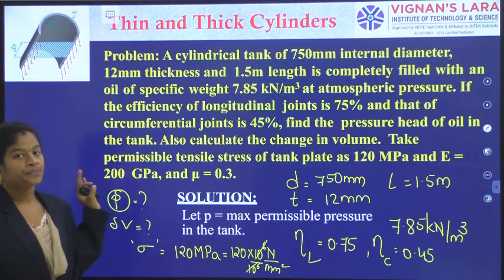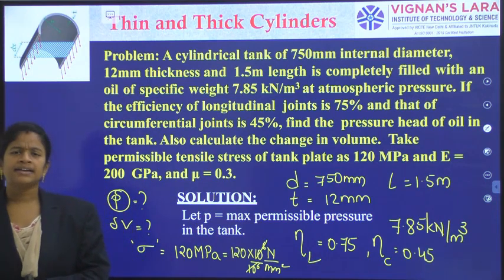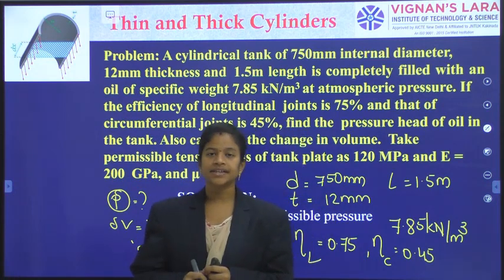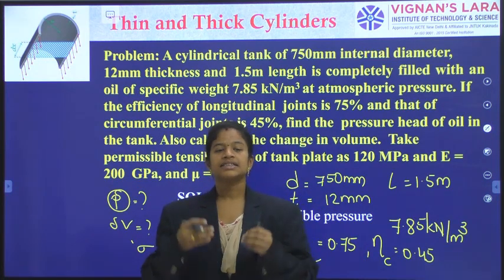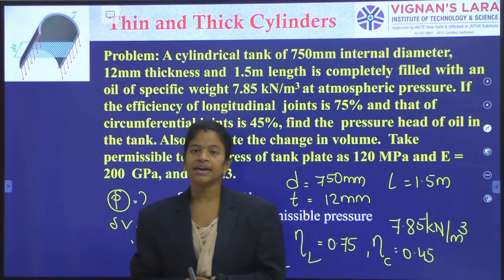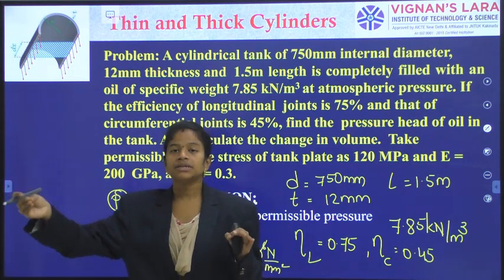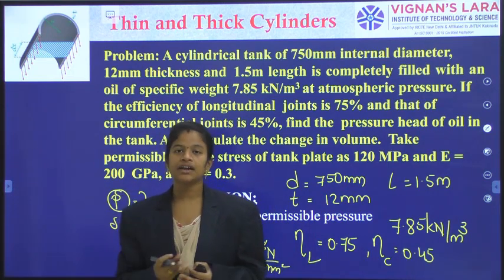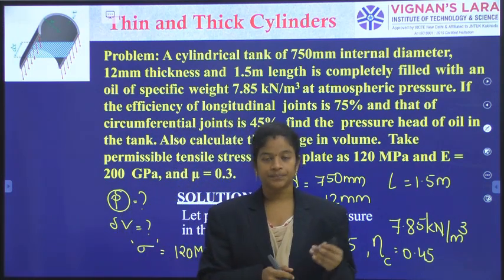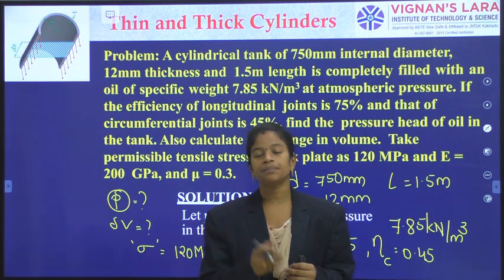here they are giving some condition for joint efficiency also, and they are saying some different things, but they are not direct. Firstly, everyone will say this is the pressure offered by the fluid, and what is the stress generated in the material. Now I am saying this is the permissible limit of the stress that the steel material can handle, and what is the fluid's pressure.